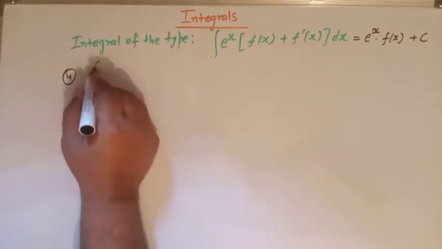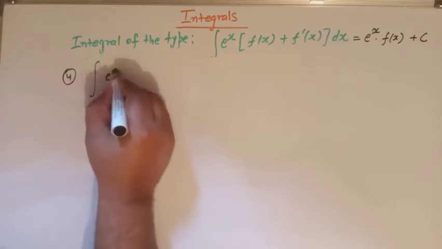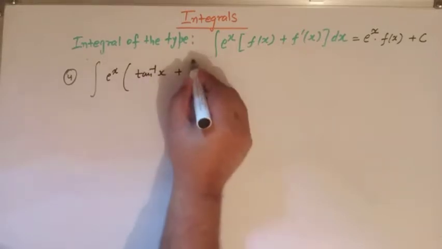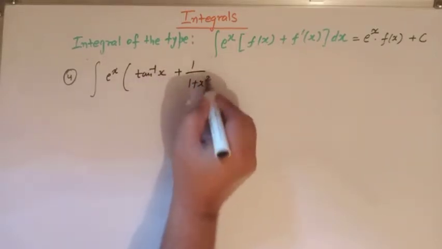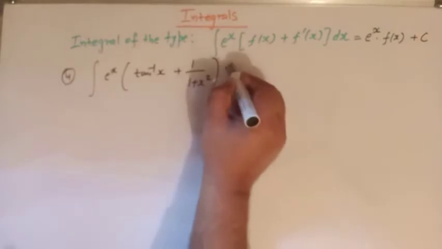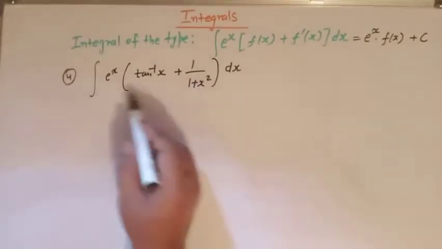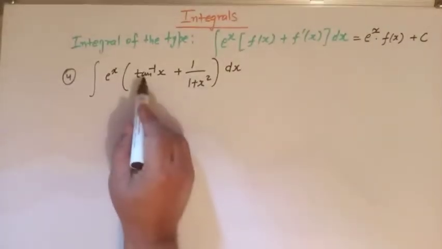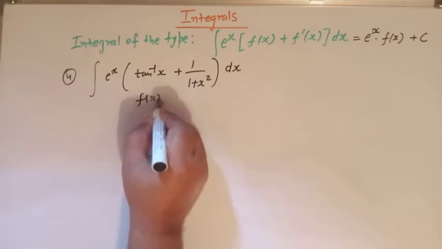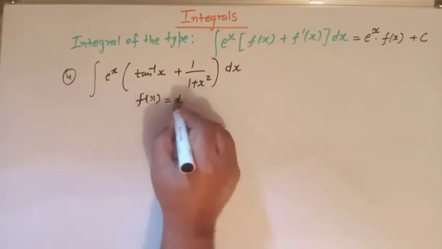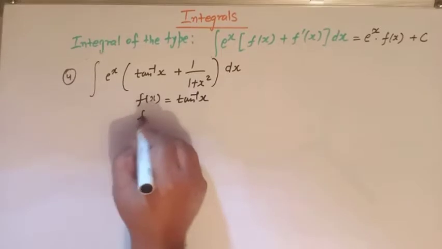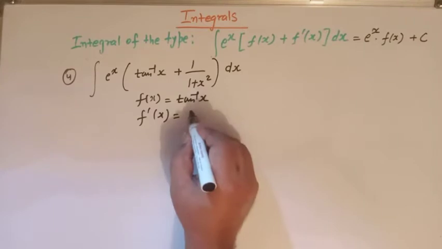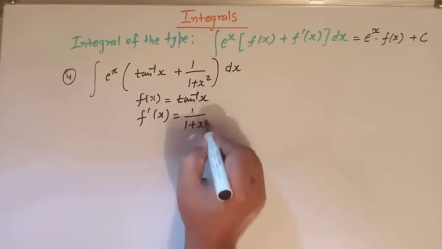Now let us take one more integral, that is e raised to x times tan inverse of x plus 1 over 1 plus x square. Clear? Now viewers, we see that this integral is of this type. So if we compare and if we assume f of x as tan inverse of x, then we see that its derivative f prime of x is equal to 1 over 1 plus x square.